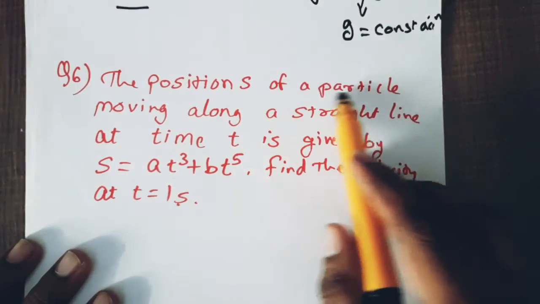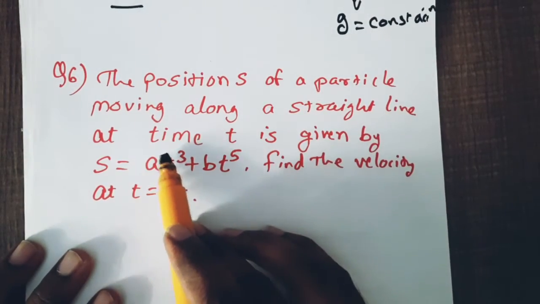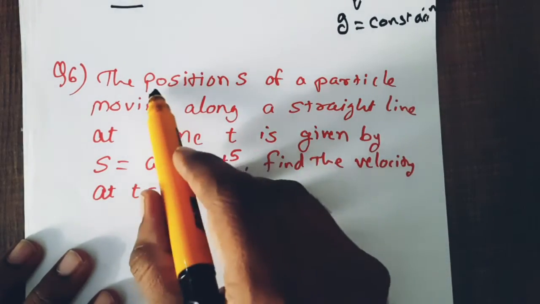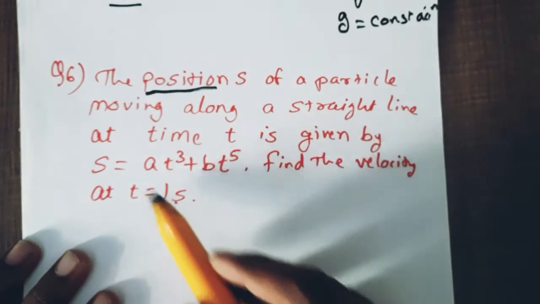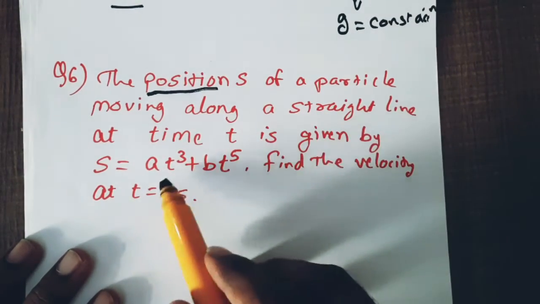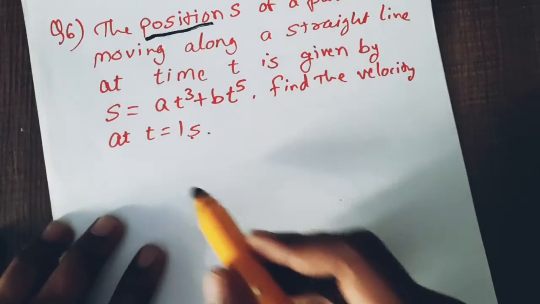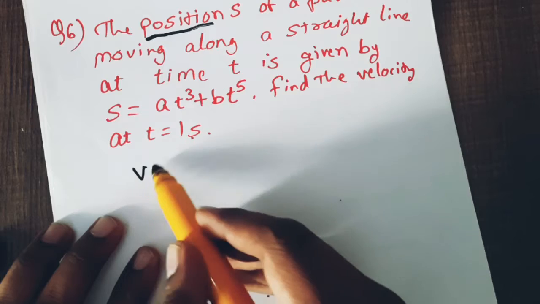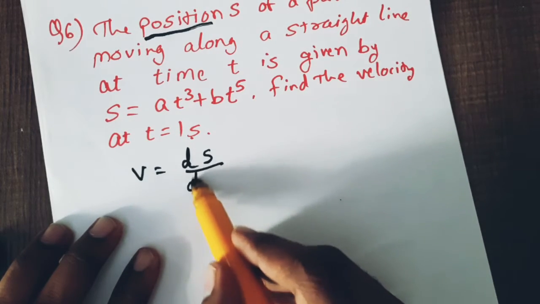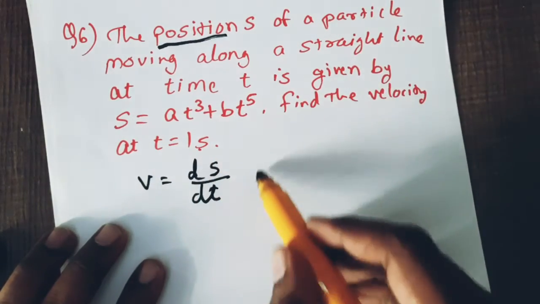Let us look at question number 6. The position s of a particle moving along a straight line at time t is given by s equal to a t cube plus b t raised to 5. Remember that this is not displacement, it is position. Find the velocity at time t. We know that velocity is given by the rate of change of position. This is instantaneous position.